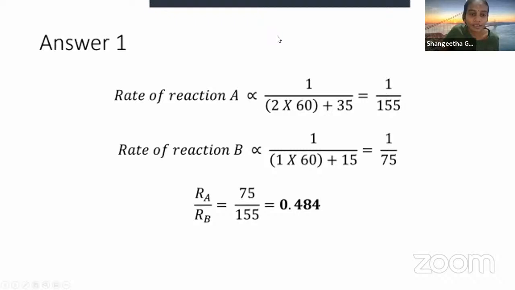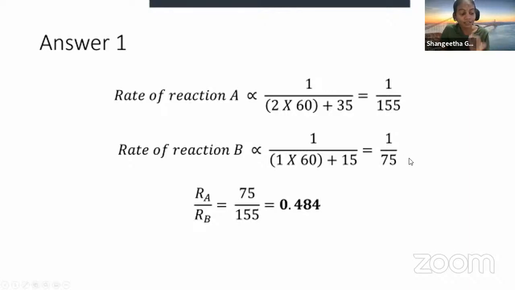All right. So the thing is, rate of the reaction A, as we said, is inversely proportional to time, right, so it is 1/time. If you remember from our previous lesson. Here it is given that your reaction A takes 2 minutes and 35 seconds, so 155 seconds. And for reaction B it is 75 seconds, so the rate is 1/75.